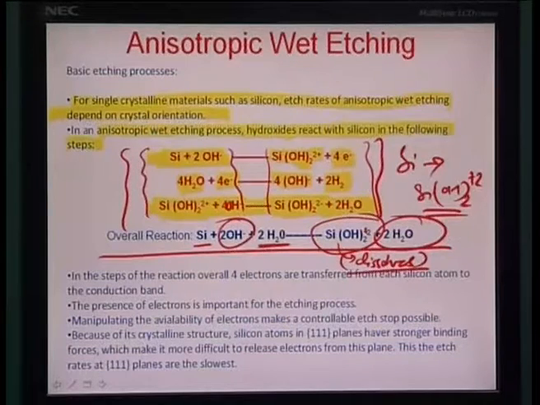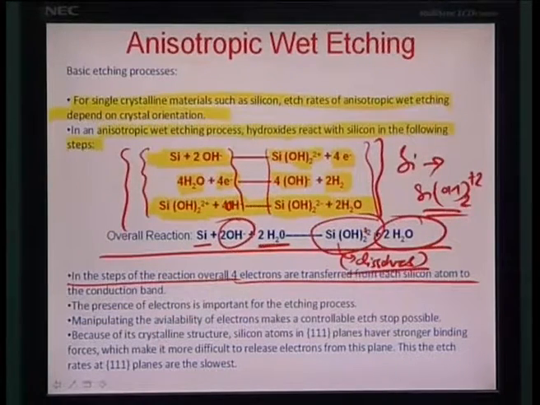It is a complex which is formulated inside the solution, and in the steps of the reaction overall, 4 electrons are transferred from each silicon atom into the conduction band. Okay. But if you look at the etching process, it is really a function of the presence or absence of the electrons.